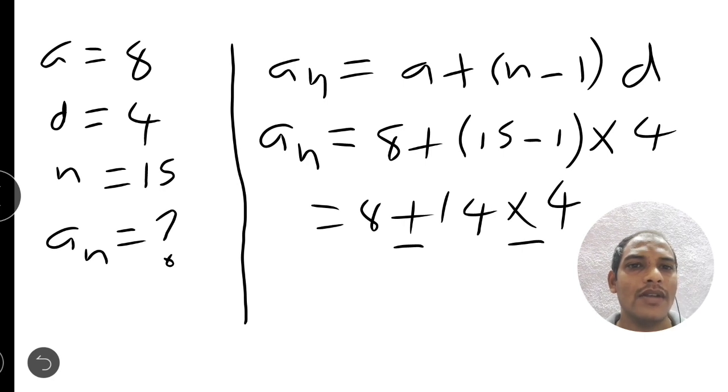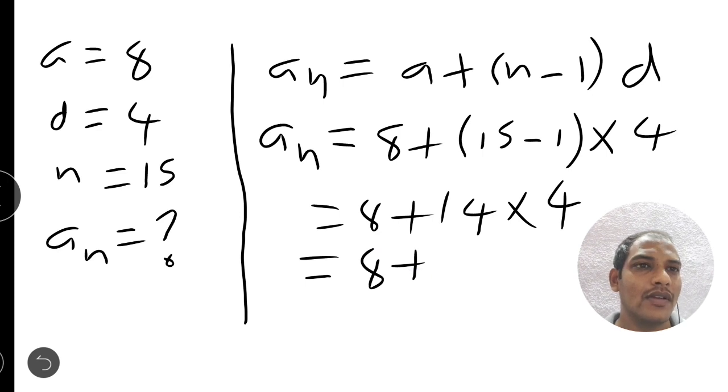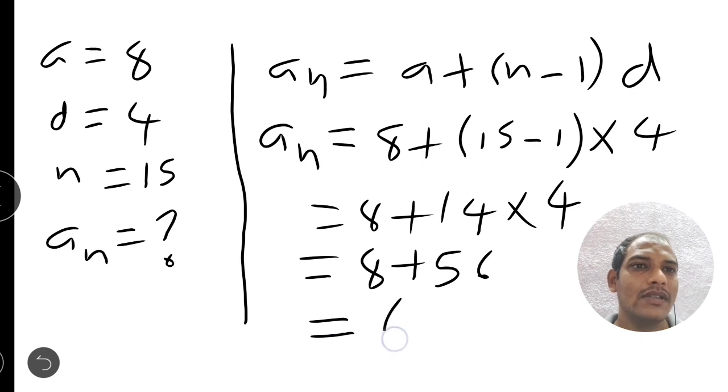As per the BODMAS rule, first we have to do the multiplication. So 14 fours are 56. So 8 plus 56 is 64. So then a n answer is 64.